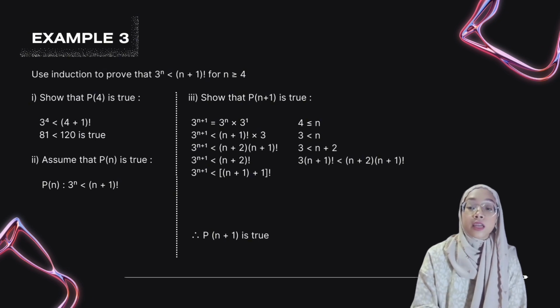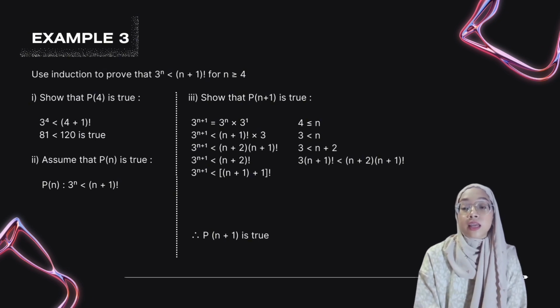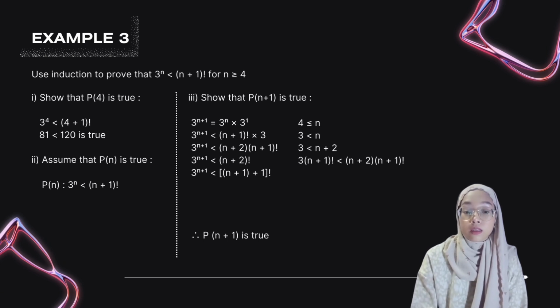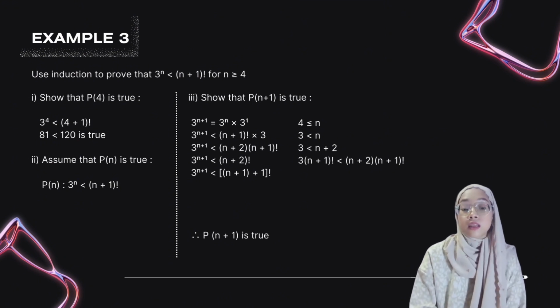So will be 3 n plus 1 factorial less than n plus 2 n plus 1 factorial. Okay, and then substitute into equation 3 power n plus 1 less than n plus 2 n plus 1 factorial. 3 power n plus 1 less than n plus 2 factorial. 3 power n plus 1 less than n plus 1 plus 1 factorial. Therefore, Pn plus 1 is true.